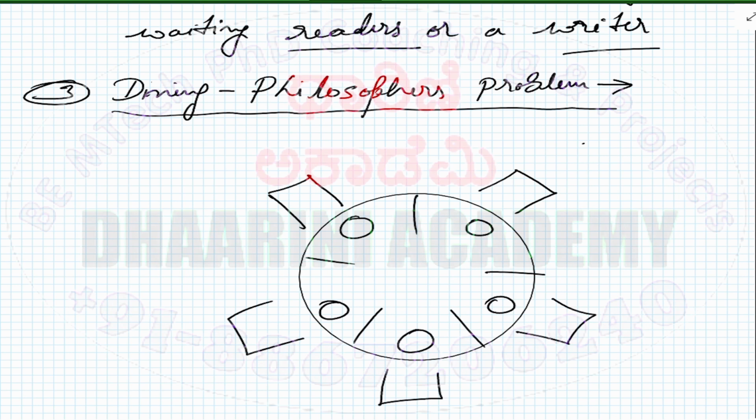So the idea here is that at the center, let's consider that there is a bowl of rice. I'll draw this thing. This bowl has the rice.